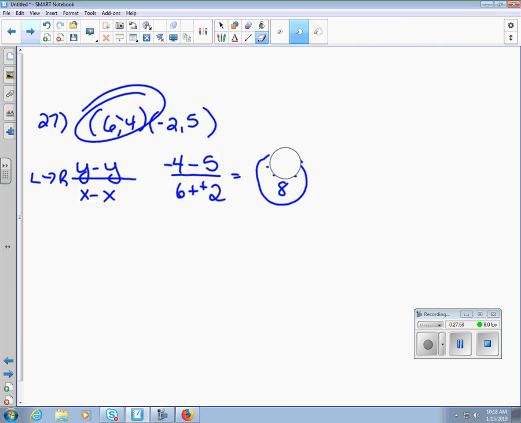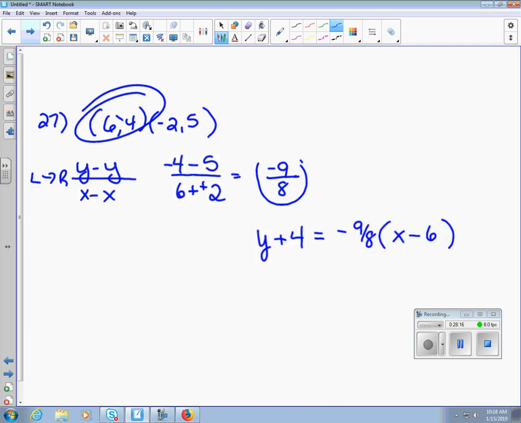Okay. So now this slope got really nasty really fast: -9/8. So still yucky, but we can do it. So we're going to have y minus -4, so it becomes a plus, -9/8, and then x minus 6. And I'm going to distribute that out. So I'll have -9/8 x, -9/8 times a -6 would become a positive.